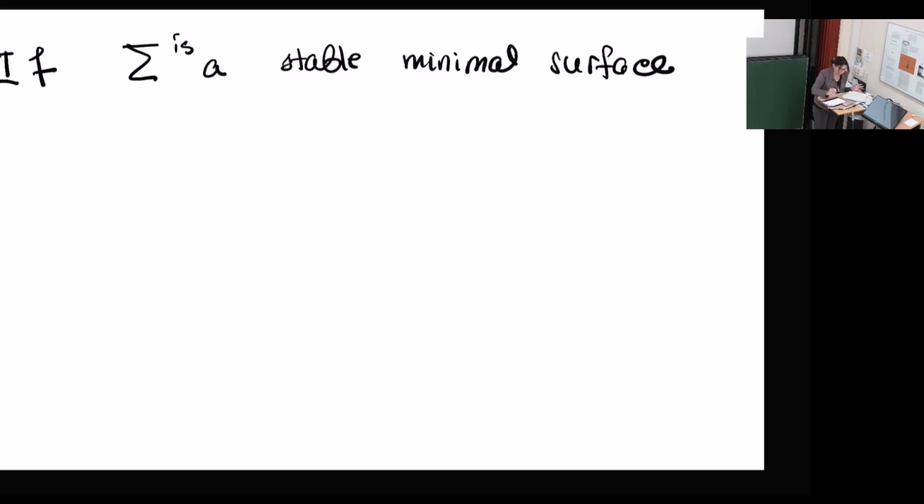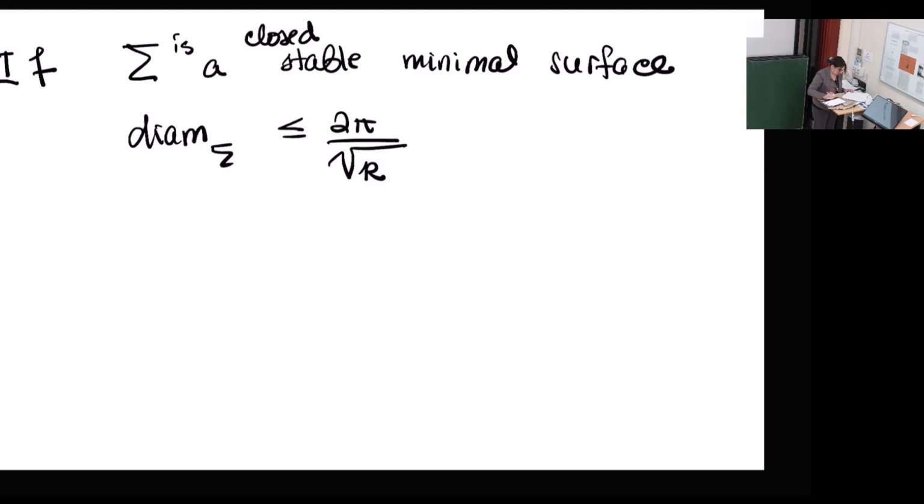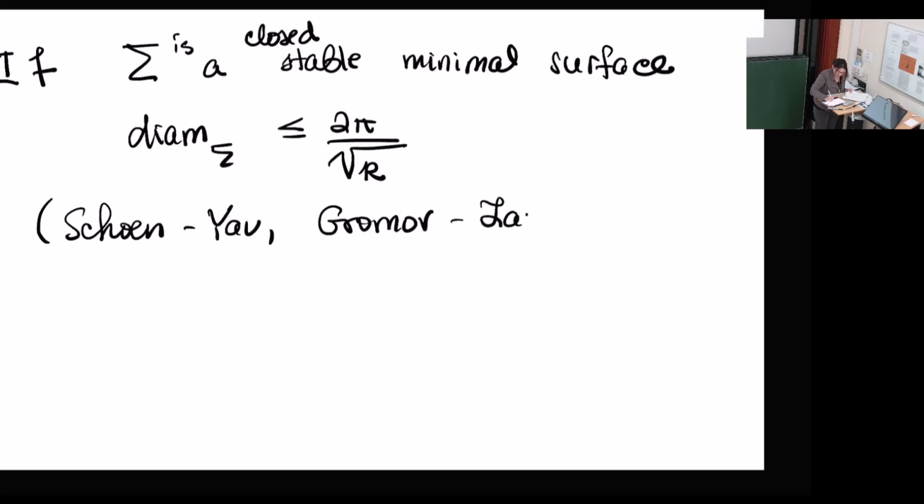First of all, if we have a stable minimal surface, and it's closed, then the diameter is less than or equal to 2 pi divided by the square root of K. This is a result of Schoen and Gromov-Lawson. What is K here? Oh, this is a lower bound on the scalar curvature.